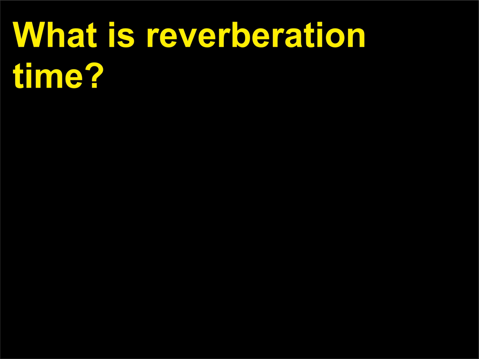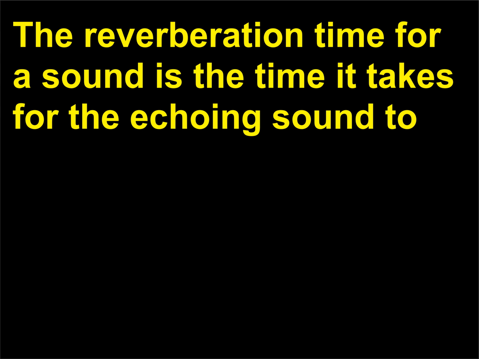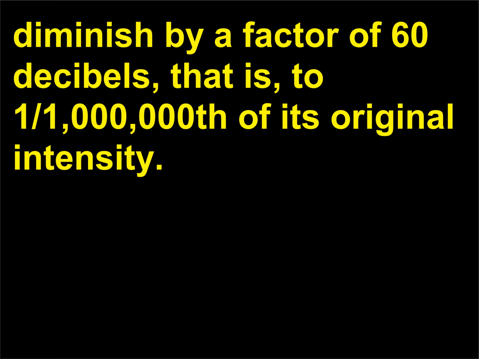What is reverberation time? The reverberation time for a sound is the time it takes for the echoing sound to diminish by a factor of 60 decibels, that is, to 1/1,000,000,000 of its original intensity.